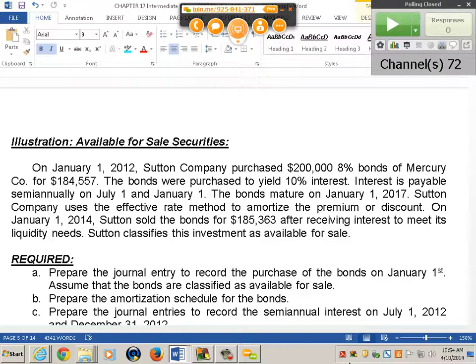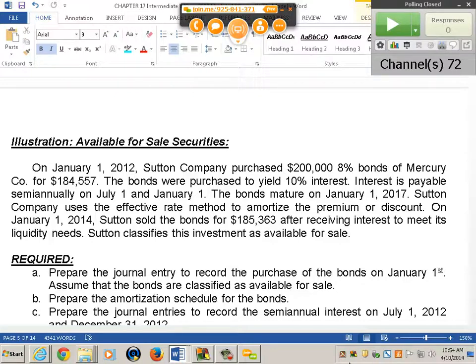And they classify them as available for sale. So we'll have to tell you typically, sometimes in the CPA exam I've seen where they give you information, they'll say management has an intent to hold these to maturity or something where you have to figure it out, but I will always let you know what the classification is.